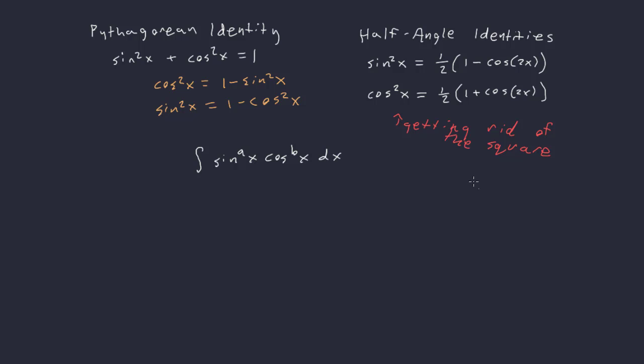All right, so here's essentially how this method works. We're going to look at the powers a and b, and what we're essentially looking at is whether they are even or odd.